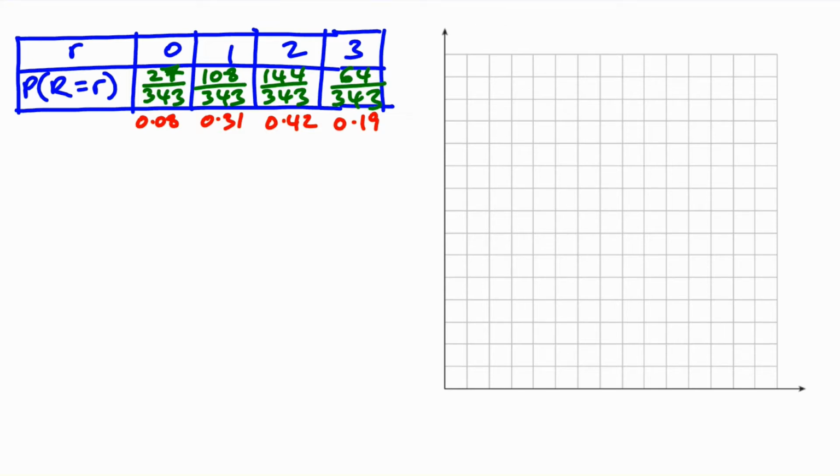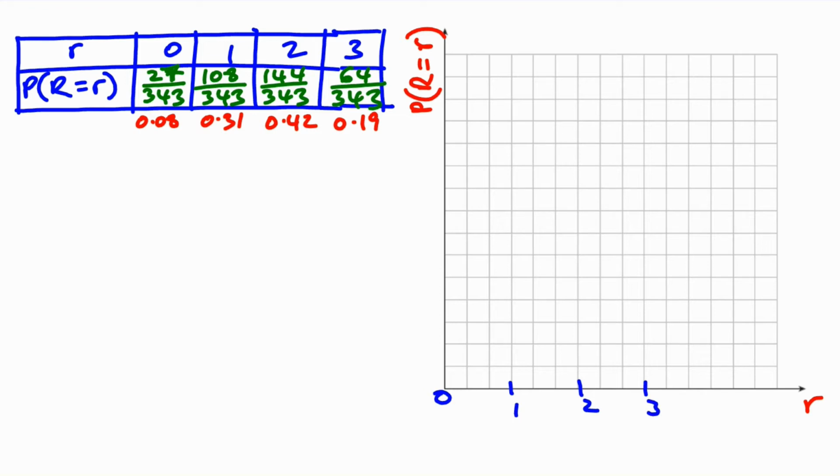So again, here we have R, and then here we have the probabilities. And now to graph this, we have 0 there, 1 there, 2 there, and then 3.